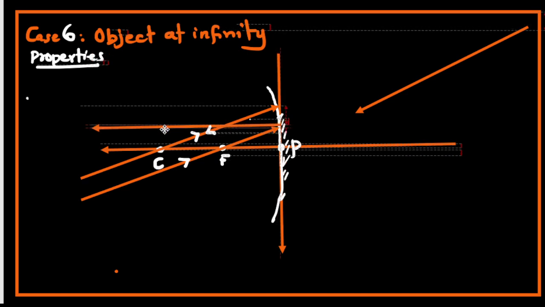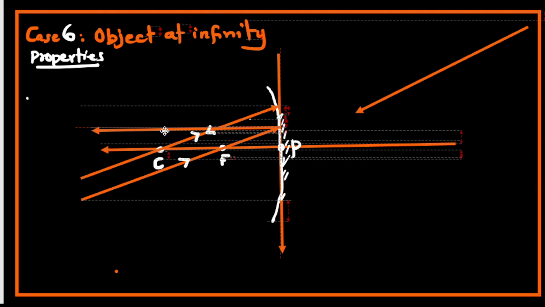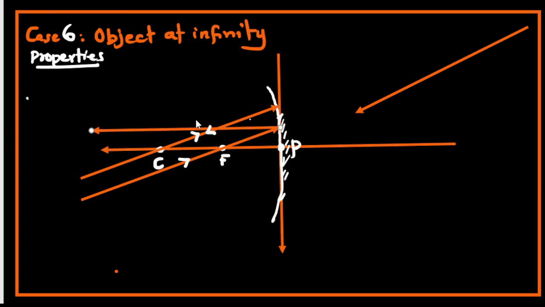So based on what we have here, we can tell that this is the point of meet of those two lines. So you can see that the line meets at the principal focus.